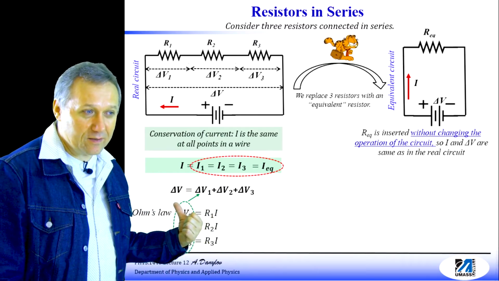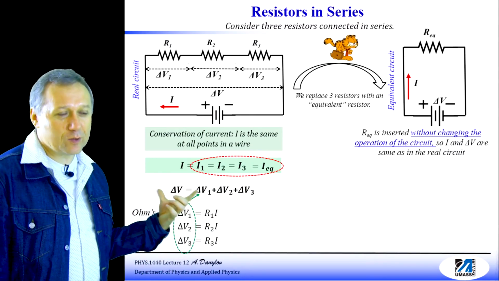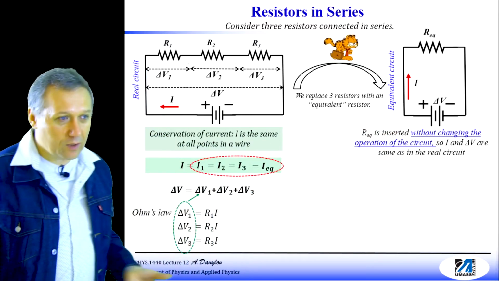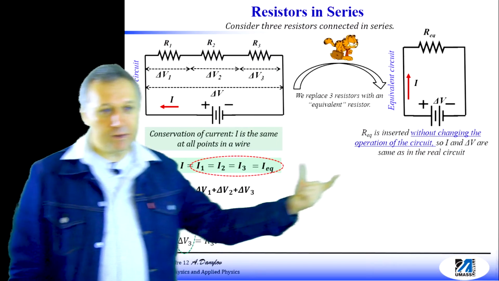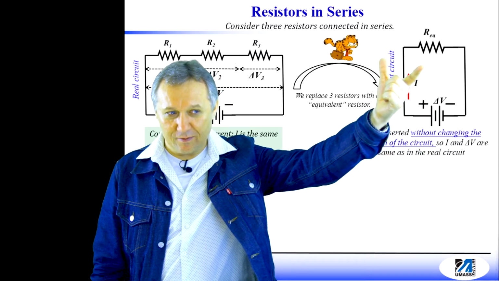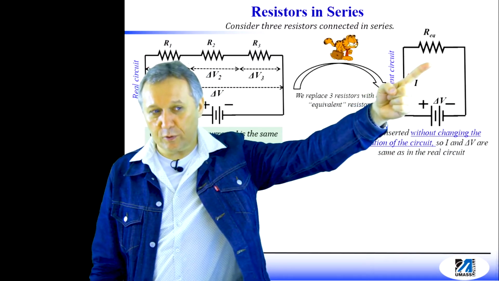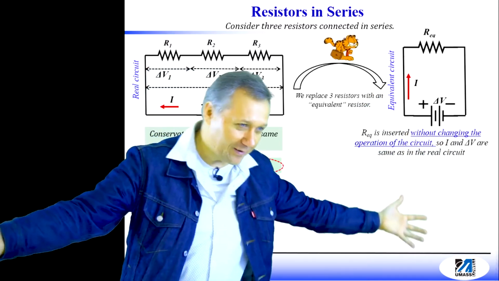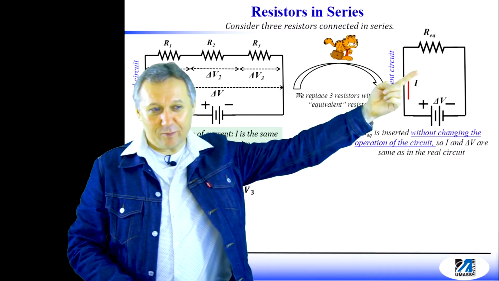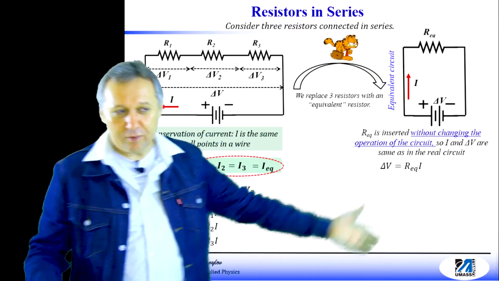But the left-hand side, like in the previous slide, every time is found in all these methods using the equivalent circuit. We need delta V across the battery, but it's also the same delta V across R equivalent. And of course this current I also flows through R equivalent because there's only one resistor. So we can write that delta V equals current I times R equivalent, just using Ohm's law.